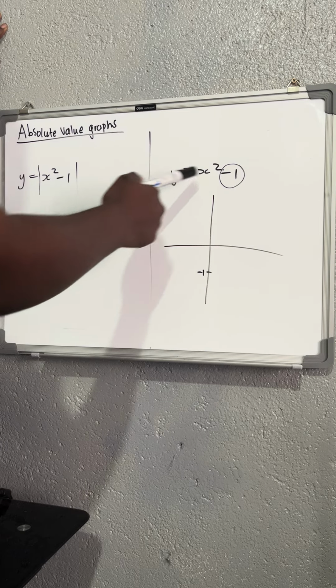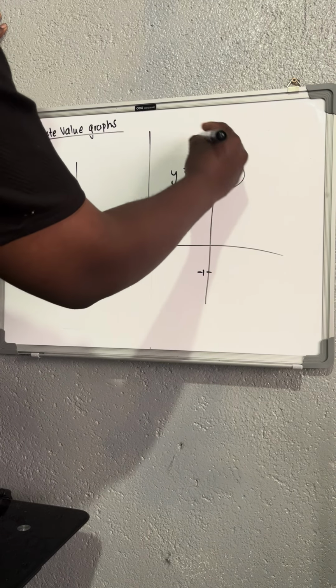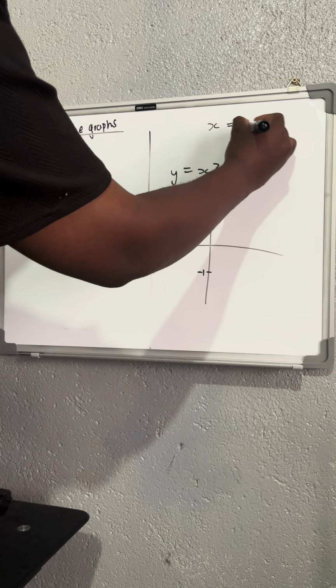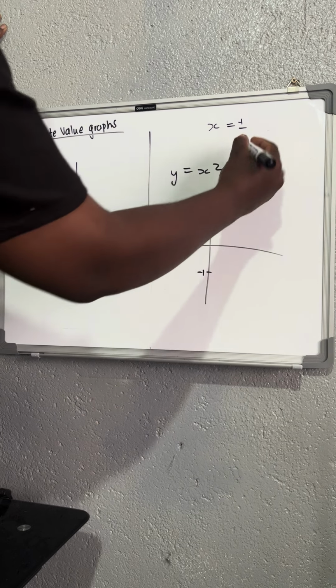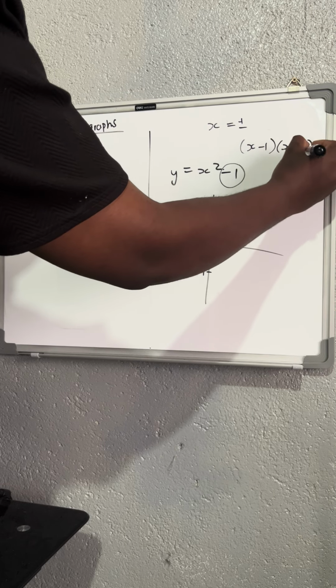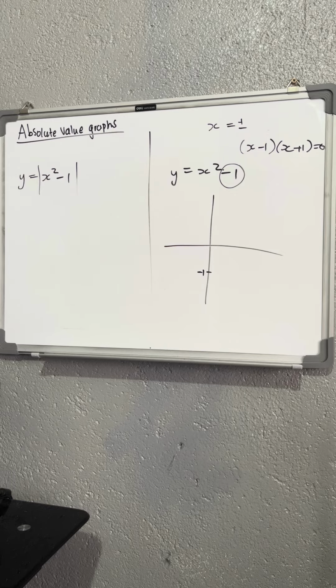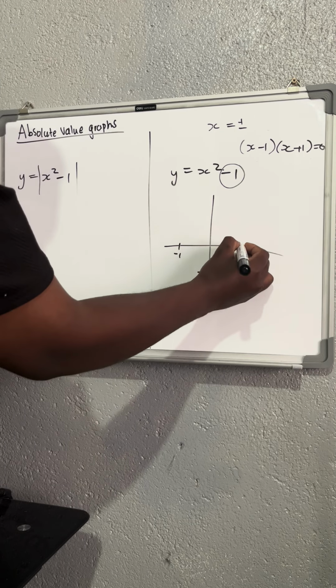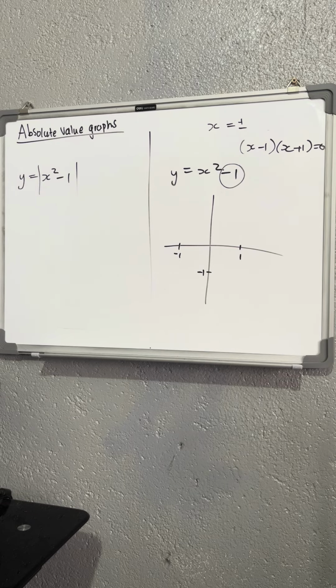Then if we factor this one for x, we just have x equals plus or minus 1. As I said, it's basically the difference of 2 squares. So on this side you have minus 1, and this side you have 1.